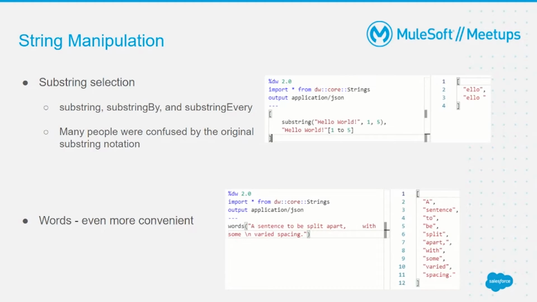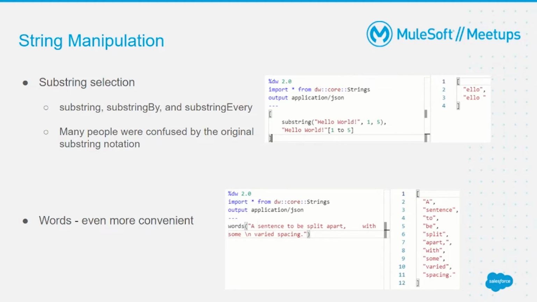There's also some utility functions. splitBy splits a string into an array of strings based on whatever character or matching condition you give it. So it could split on spaces, it could split on dashes, that sort of thing.